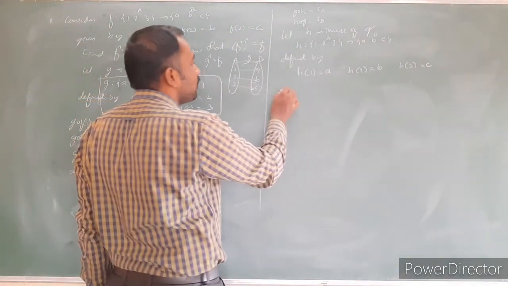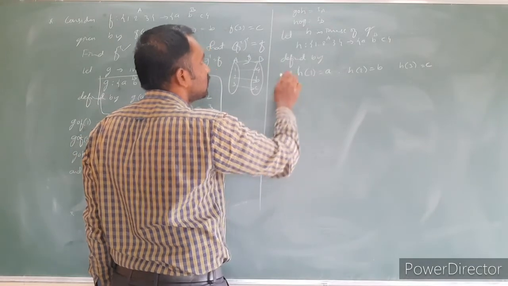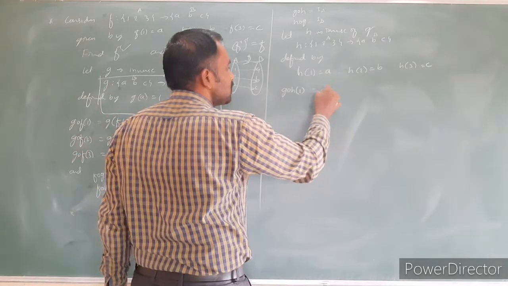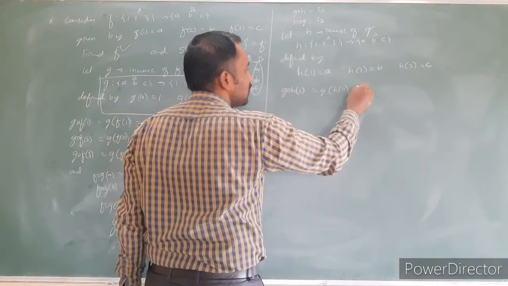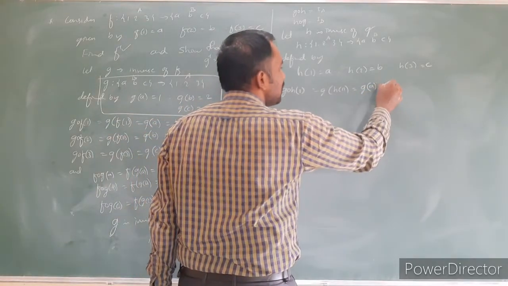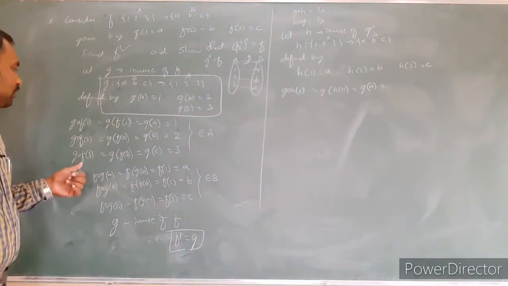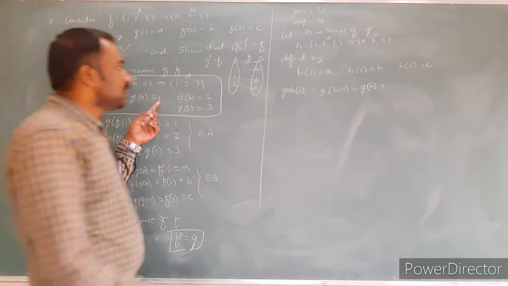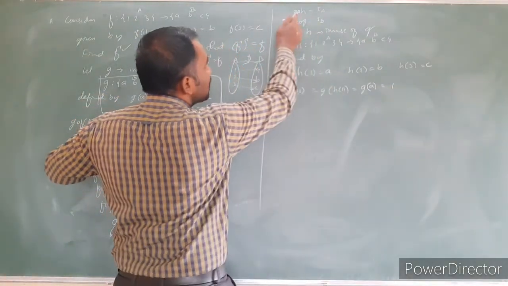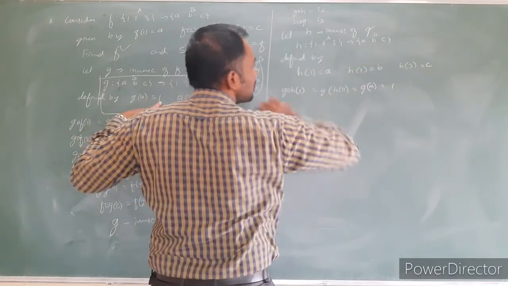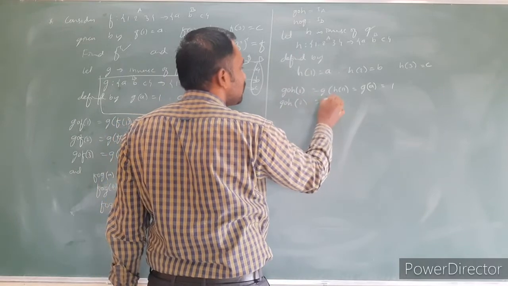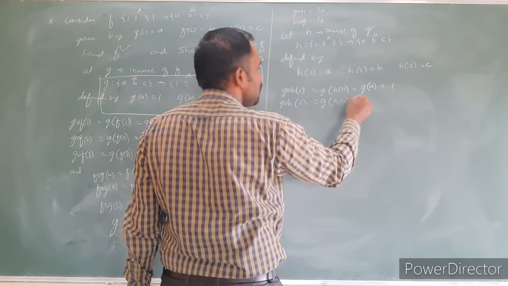Okay, one by one. G circle H: what is the domain set of H? A, that means 1. So G of H of 1 is equal to G of, what is H of 1? That is nothing but A. What is G of A? It is 1, which is present in the set A. Similarly, G circle H of 2 is G of H of 2.